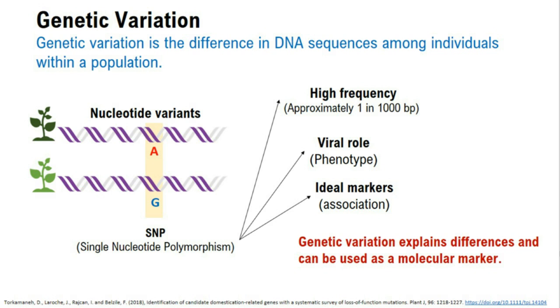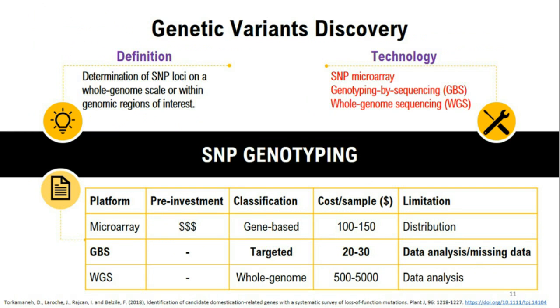The first step is to detect or discover this genetic variation, or genotyping of the SNPs. What we mean is to determine the SNP loci on a whole genome scale or within a genomic region of interest. There are different types of technologies or methods that we can use to genotype the SNPs.